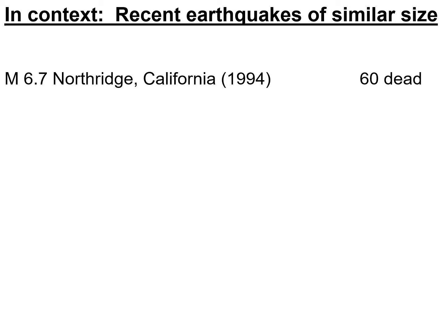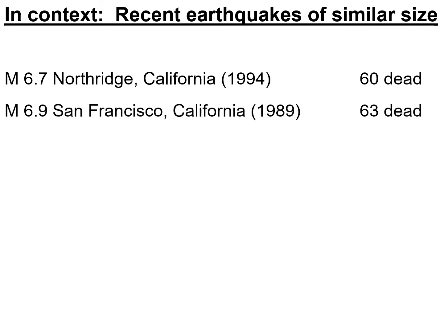Now, to put a few recent earthquakes in context, so this is stuff from mostly the last 20 or 30 years or so. The Northridge earthquake of 1994 in Southern California, that was about a 6.7 and killed 60 people. The San Francisco earthquake of '89, again, that was the freeway collapse that we looked at at the beginning of the lecture.